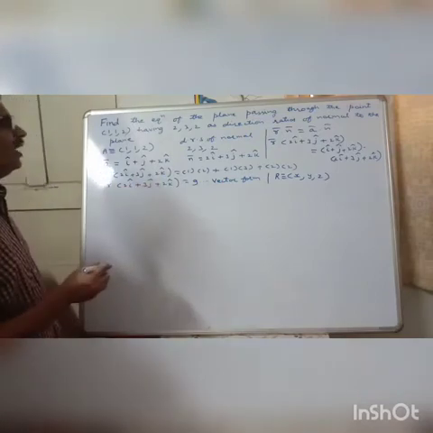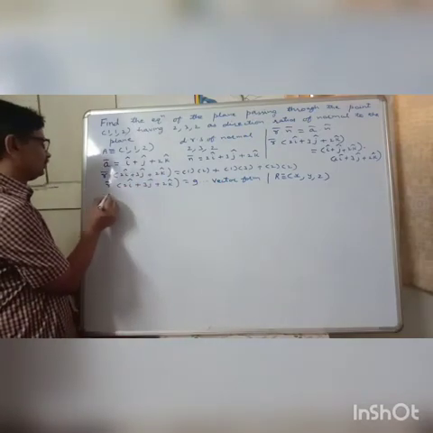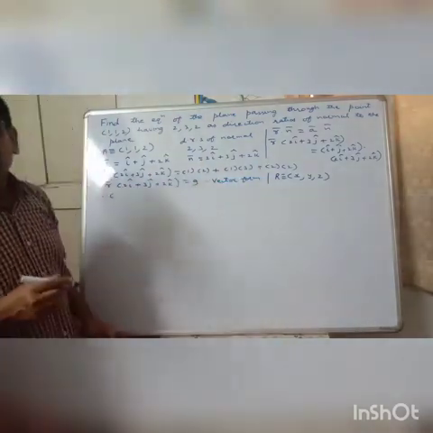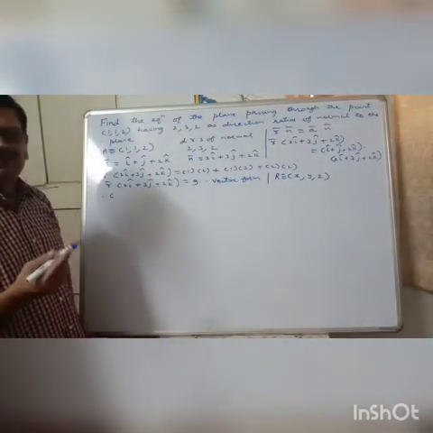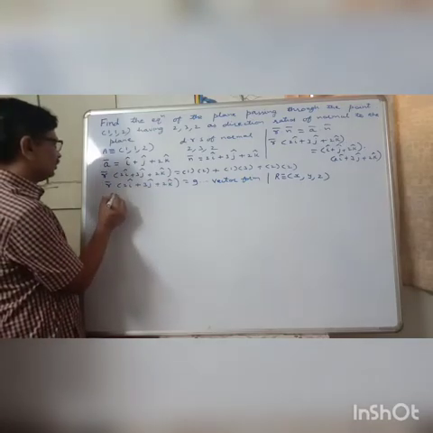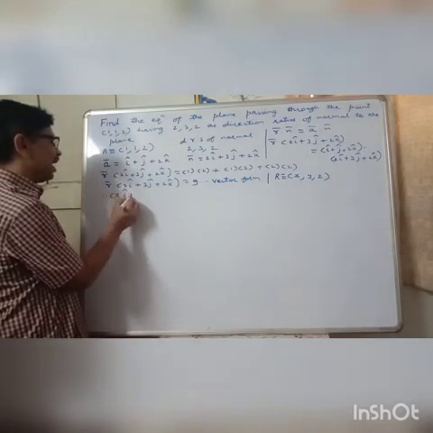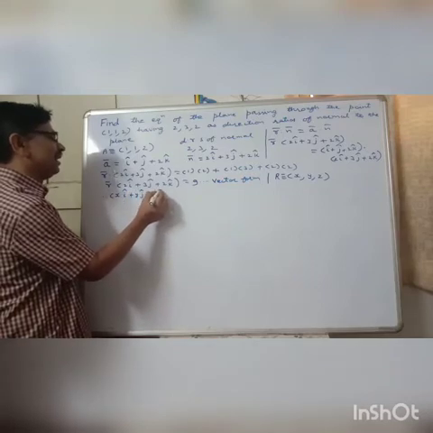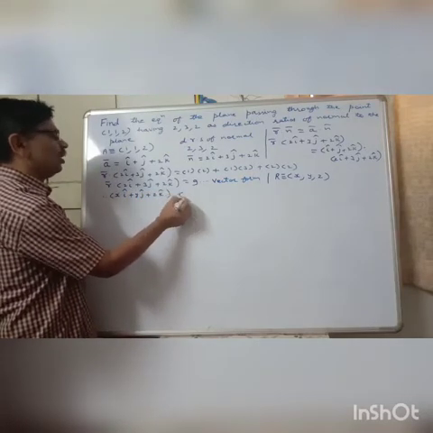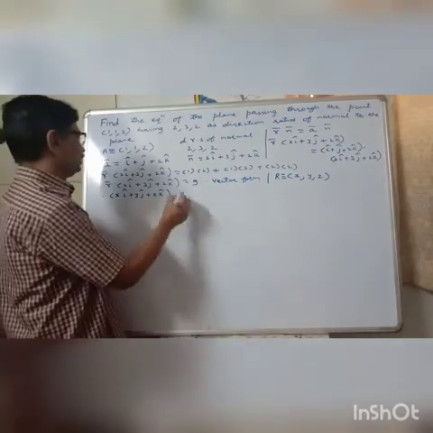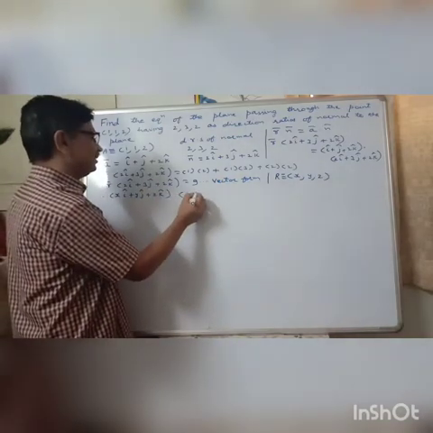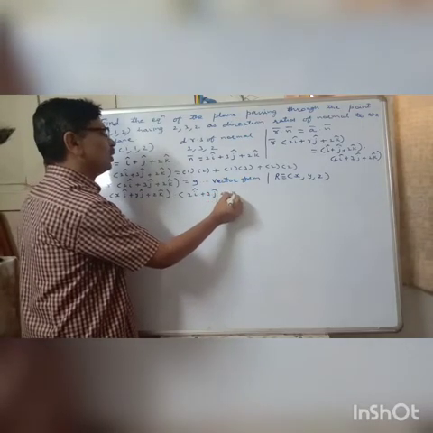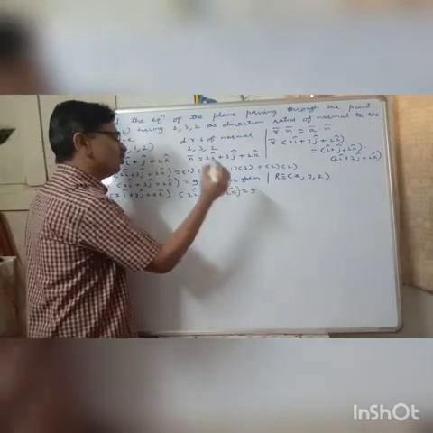Then position vector of R is r bar. Coordinates of point, they become coefficients of unit vectors i, j, k. So we get xi plus yj plus zk dot in another bracket 2i plus 3j plus 2k equal to 9.